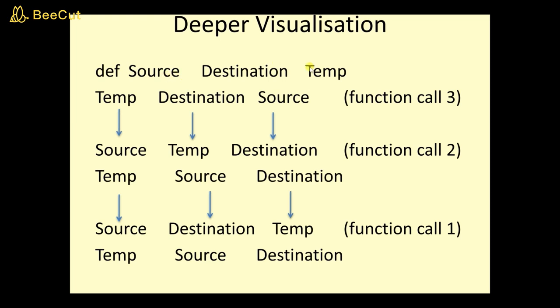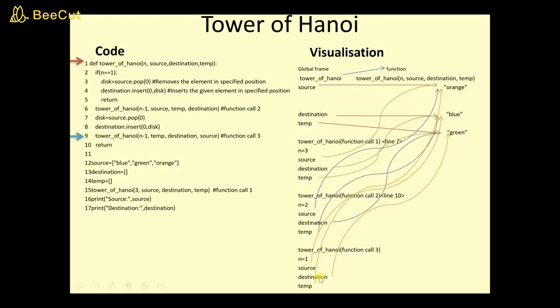So the final order will come as temp, source, destination. As we can see here, temp will go first, source will go second, and destination will go third.